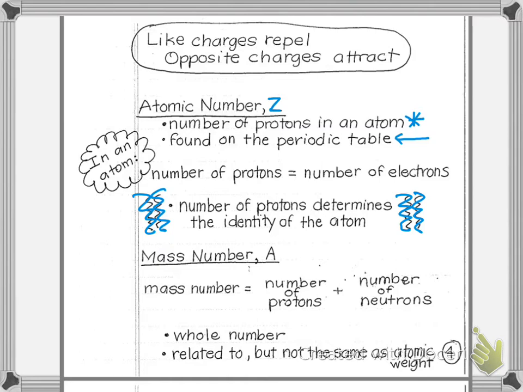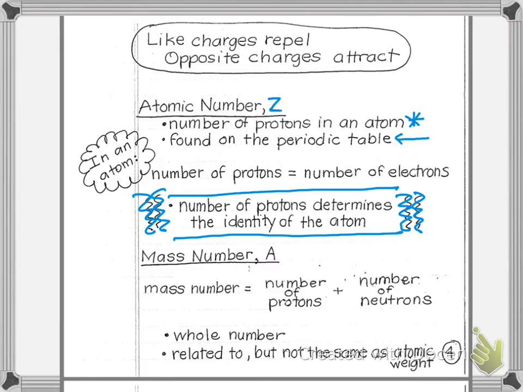No other element on the periodic table has 6 protons. In fact, if I go to 7, the one element next to carbon is nitrogen. It's no longer carbon. If you add an extra proton, now it's nitrogen. So the number of protons determines the identity of the atom. That's the important thing about protons. They help us with the identity.